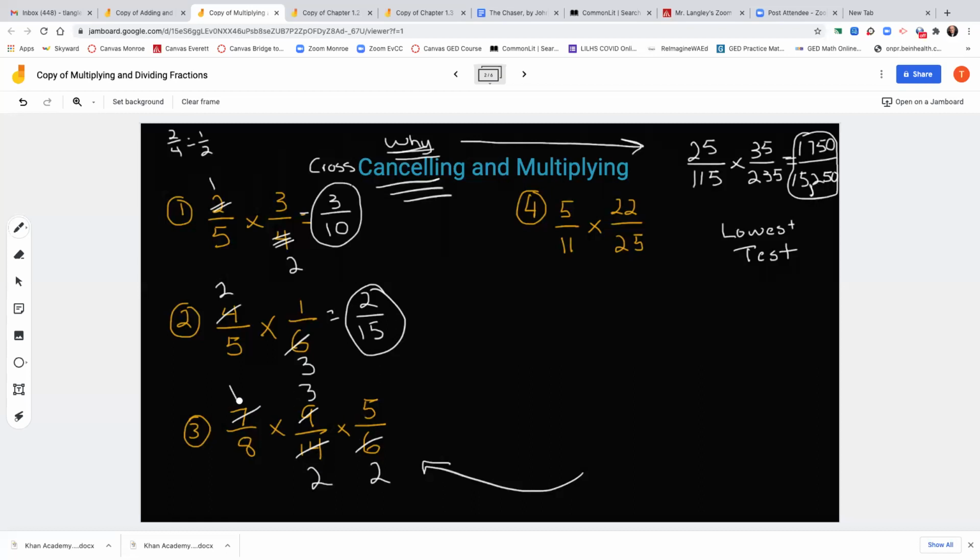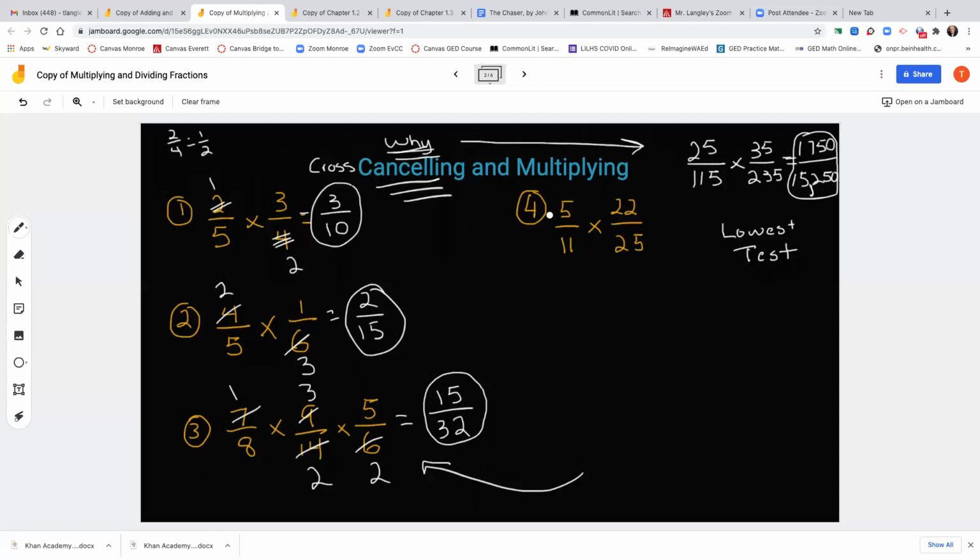No, it doesn't look like it. 3 times 1 is 3, times 5 equals 15, gives me my top number. 8 times 2 is 16, times 2 is 32. Can I reduce that? No, 2 does not go into 15 cleanly. There's my final answer.